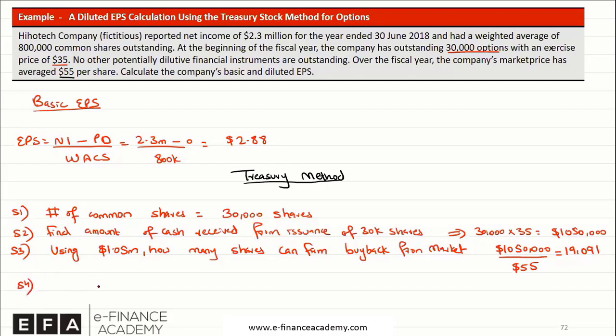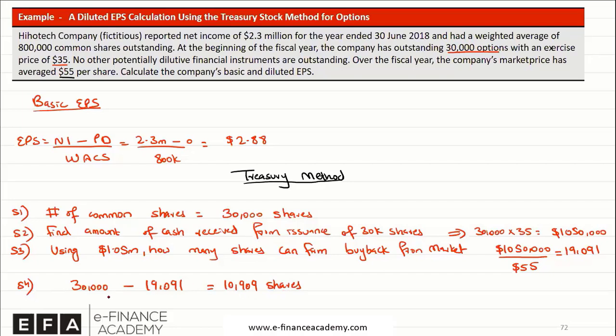So our step 4 is, the company actually issued 30,000 shares, while they are equivalent to only 19,091. For the rest of the shares, it is as if the company did not get any single dollar. And because of that, these are the shares that cause dilution. So if you find the difference, it amounts to around 10,909 shares.